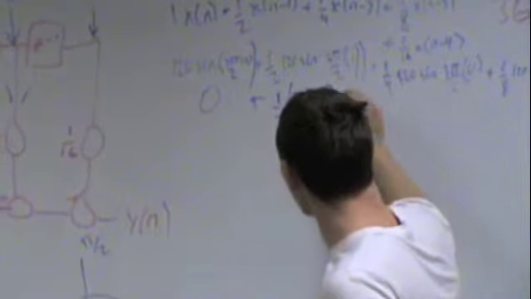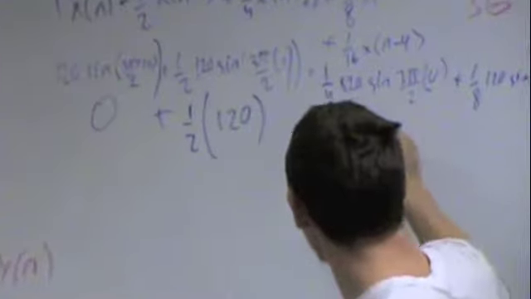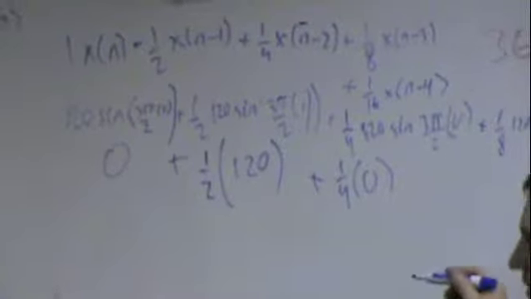Then the next one is 1/2 times 120, because sine of 3 pi over 2 brings you to right here, which is 1. And then plus 1/4 of 0, because we're back at 0, which is right here.